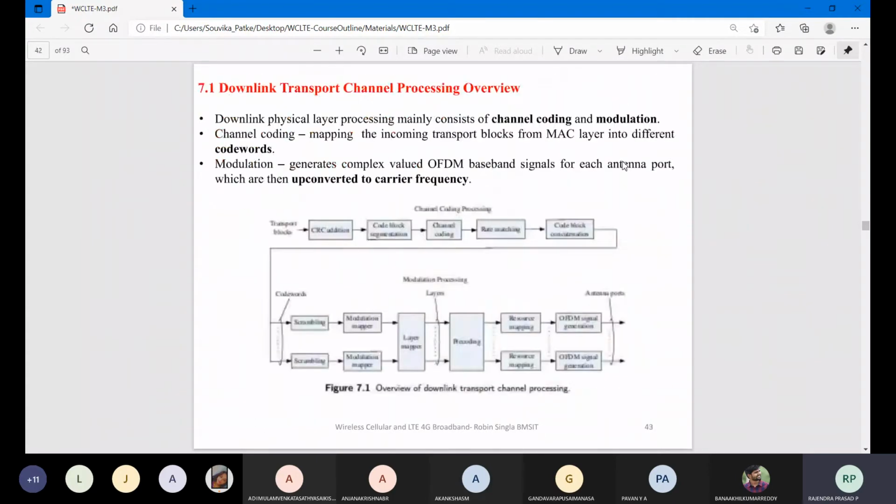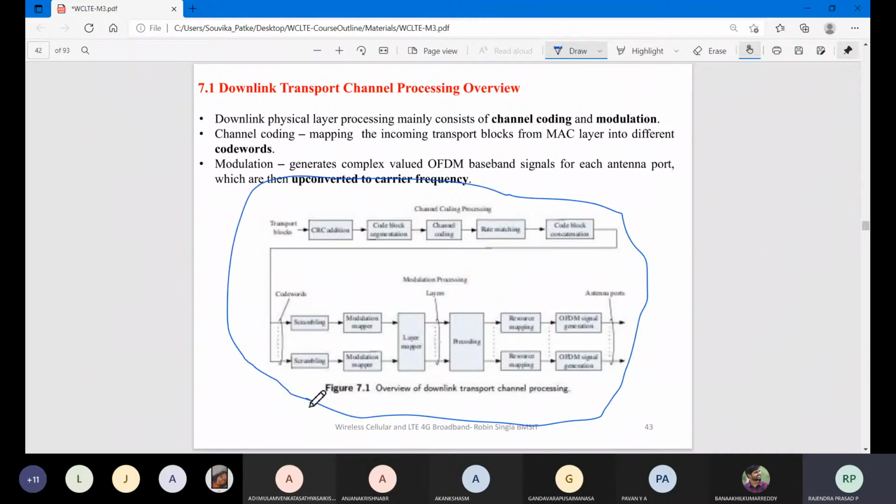Now this is the second part of your third module, which you call the downlink transport channel processing overview. This is the complete block diagram of what process takes place when you are downloading the information from the channel. In a general communication block diagram, you have information, which is your signal, given to the modulation part and the encoding part.